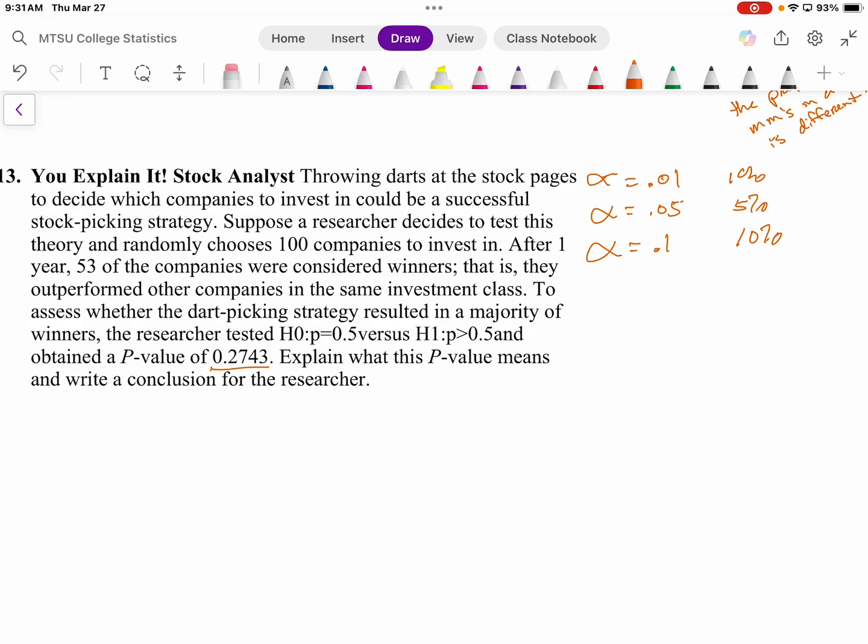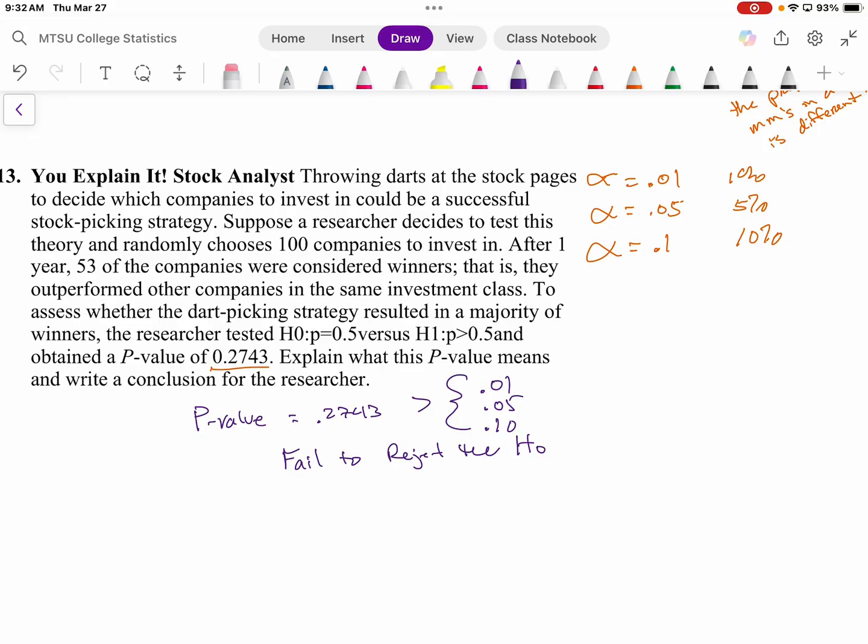As we write up a little statement here, our p-value, 0.2743, is greater than any one of those alphas, which means we would always fail to reject the null hypothesis.